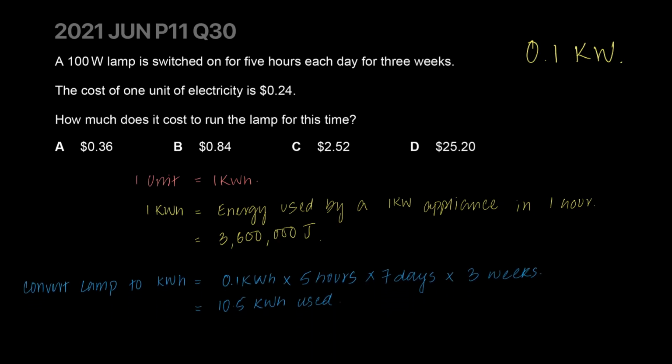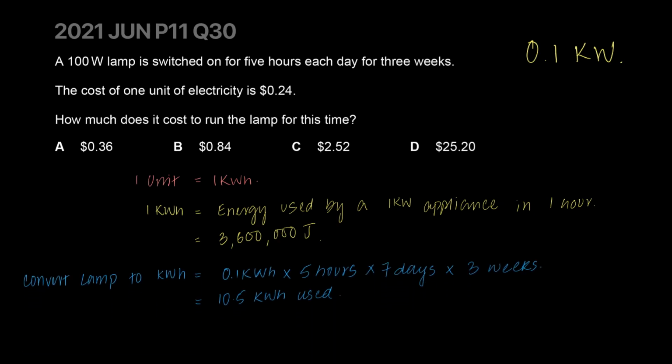So this lamp has a kilowatt rating of 0.1. We just talked about this, 0.1 kilowatts because it's 100 watts. So in 1 hour, it'll use the same amount of energy as 0.1 kilowatt hours.